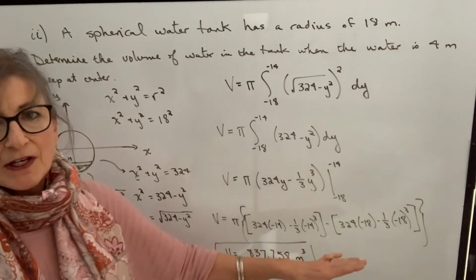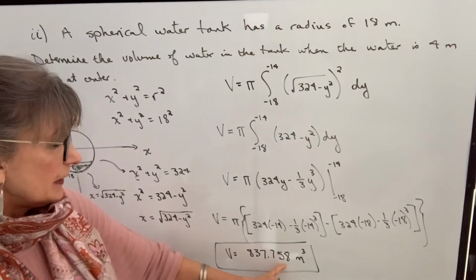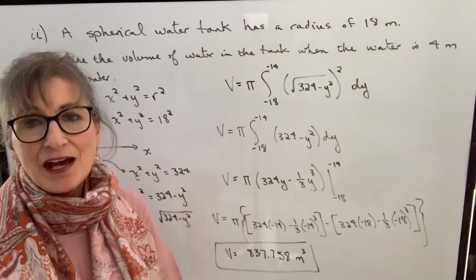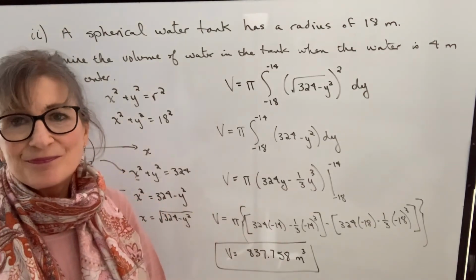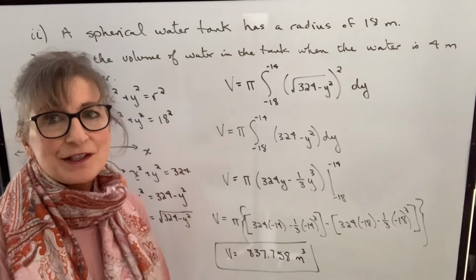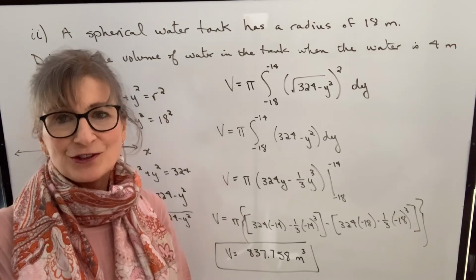And when I punch all of that in, I get a volume of 837.758 cubic meters. And from that, I can figure out how many liters of water by just multiplying by 1,000. So a very practical application, and one you probably will see in the problems you're asked to do.